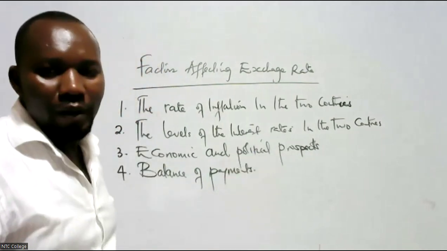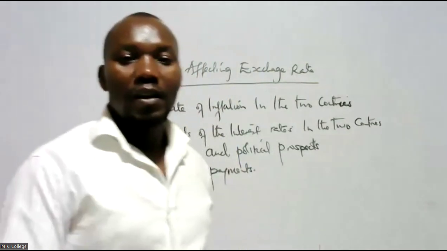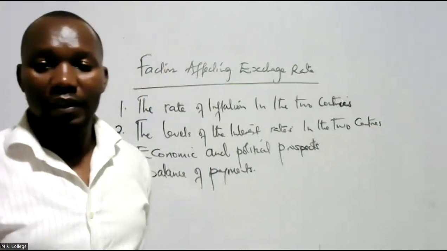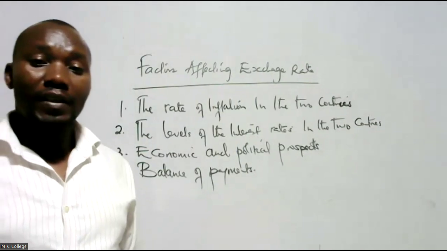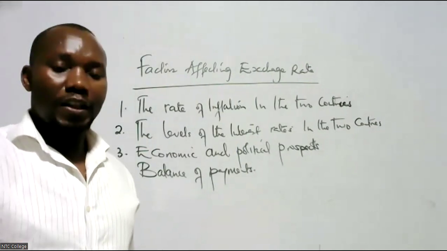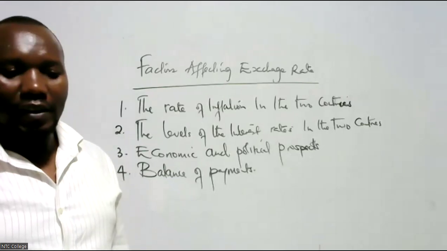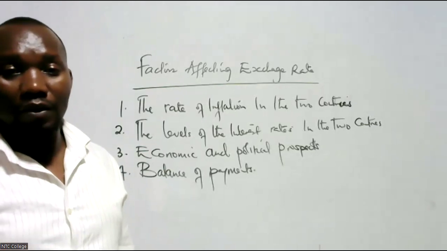Of course, balance of payment is about export and import. So if you are importing more than what you are exporting, it means that one country is exporting more. The other country that you're trading with will be paying much to you. So it means that the foreign currencies will be scarce if you are importing a lot.